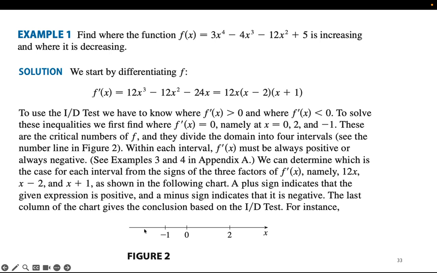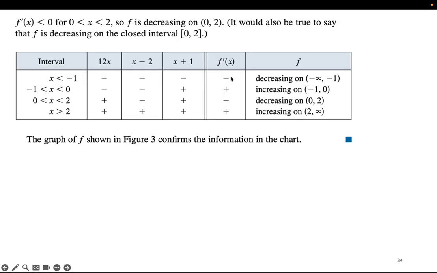So plugging -5 into this will give you a negative. -5 here will give you a negative. -5 here will give you a negative. So negative times negative times negative is a negative. So f prime is negative there. So that means f is decreasing. Again, if f prime is negative, then f is decreasing.